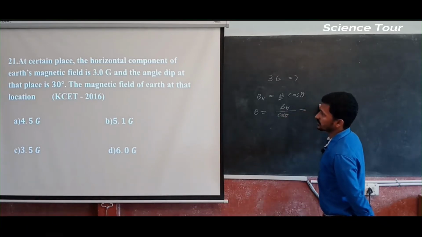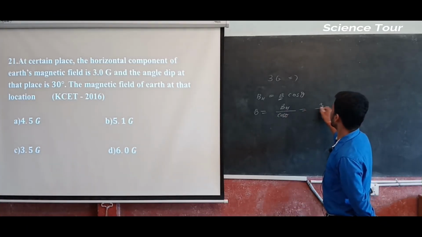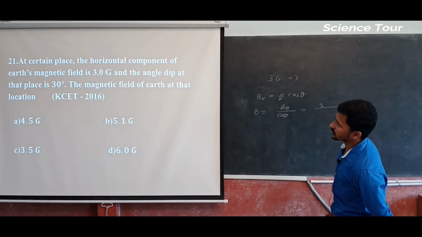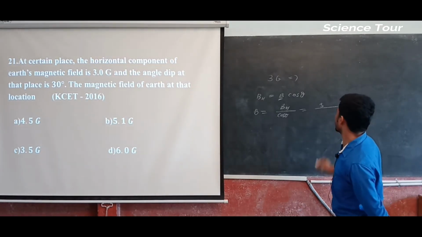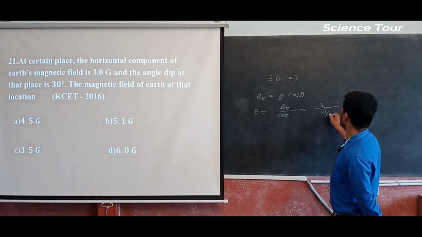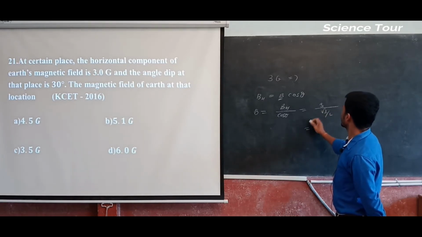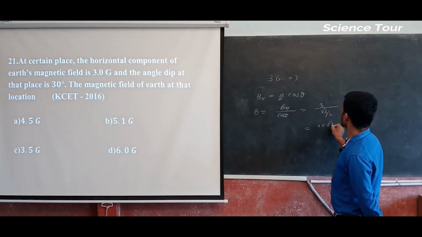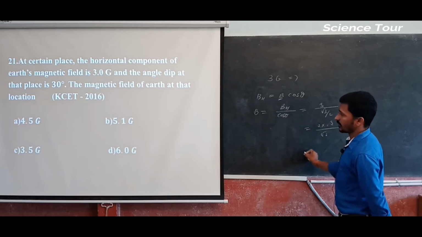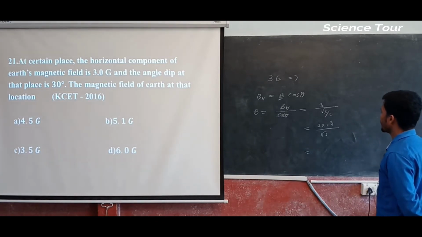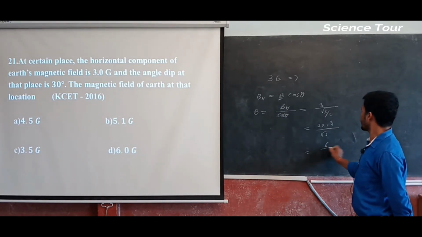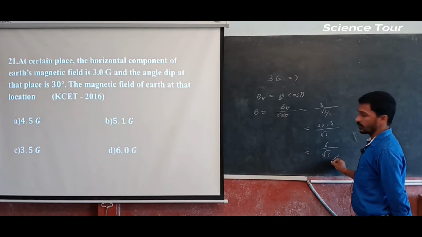So BH is how much? 3 they have given. So cos theta is how much? Cos 30. Cos 30 means root 3 by 2, which becomes 2 into 3 divided by root 3. Okay. So next what you are going to get? 6 divided by root 3 you are going to get.